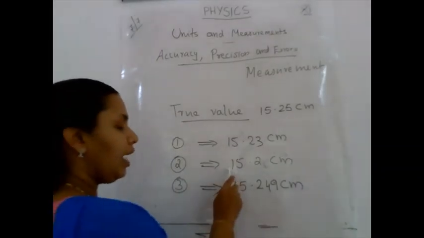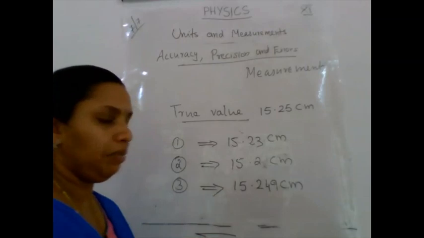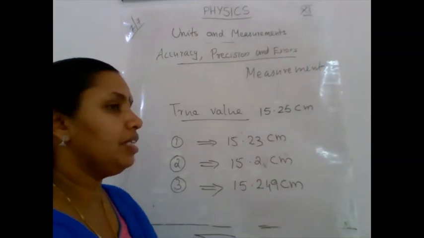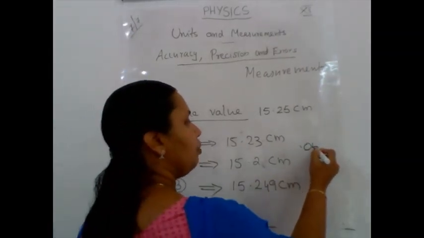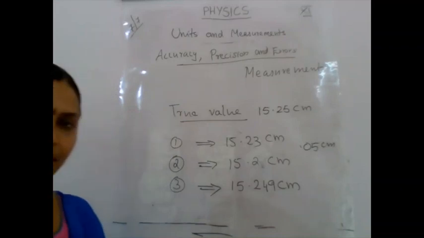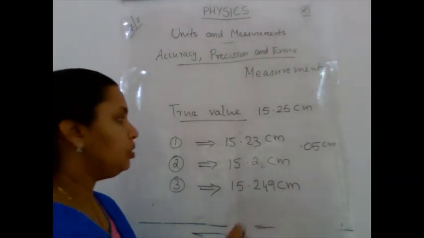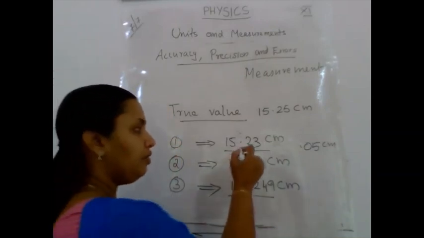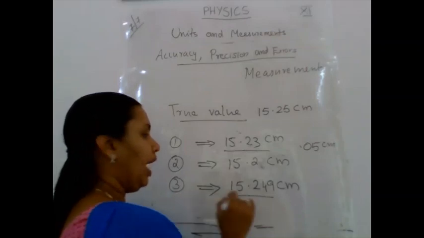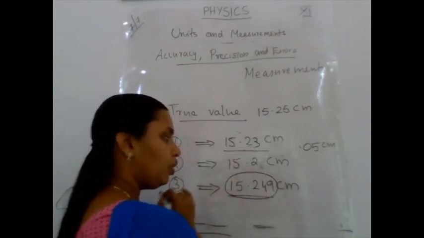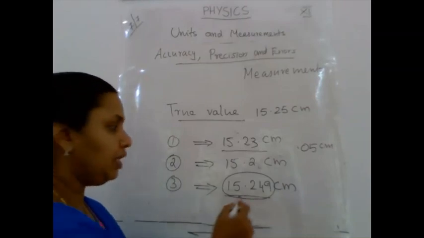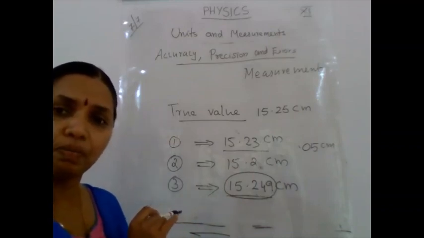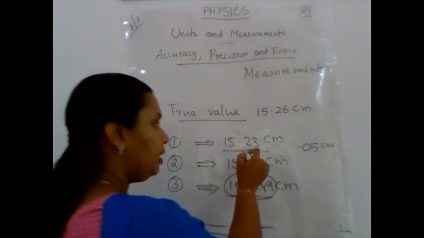And here I am getting only 15.2 centimeter, where there is a difference of 0.05 centimeter. So the first two measurements which I did are accurate, and out of these two accurate values, I can say this one is more precise. It is very close to the true value.